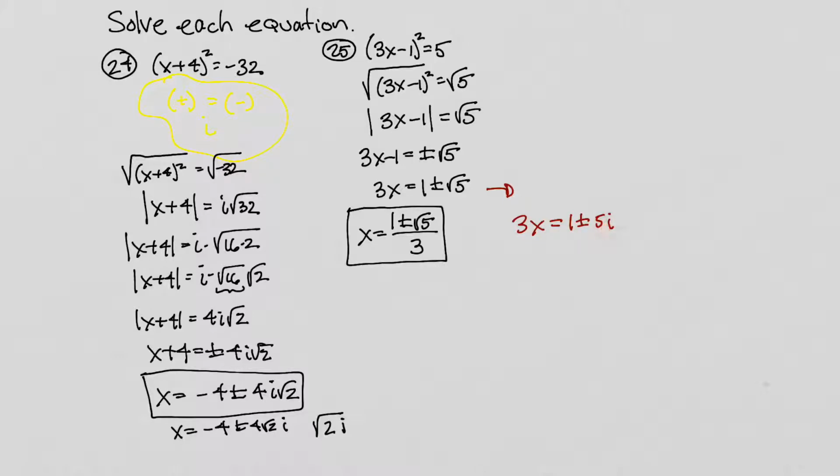But I think what we could do is just divide every single term by 3, giving us this expression here, x equals 1/3 plus or minus 5/3 i. And I like this form, just me, because it's in the form a plus bi, which is the standard form of a complex number.